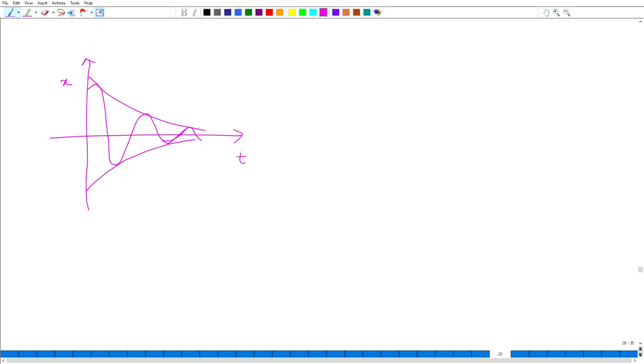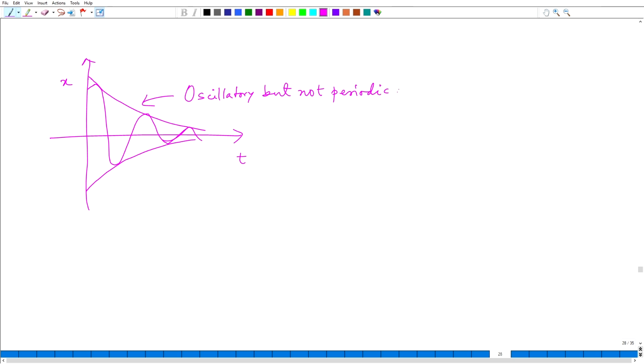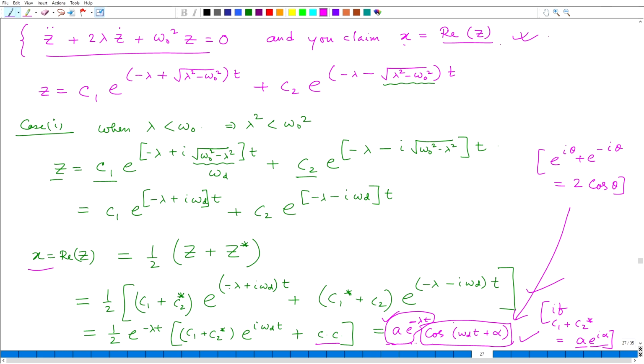Here you see this is oscillatory but not periodic. That means after a 2 pi period of the cos function, the particle does not come back to its original position because of this gradually decreasing amplitude.